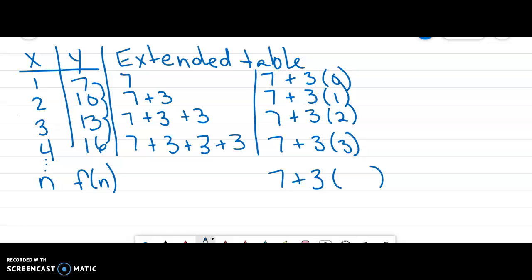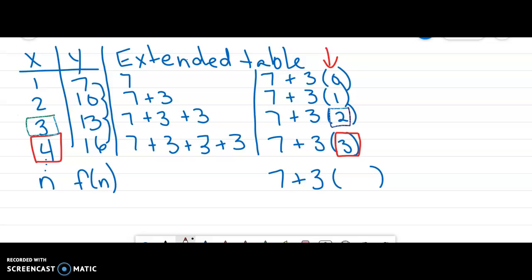So we practiced looking at how this input of 4 relates to the number of 3s that we have to add. Or we could ask it as, how does this input of 3 relate to the number of 3s that we added on that term? Because in every case, this is what's changing as we move down the y column of our table.